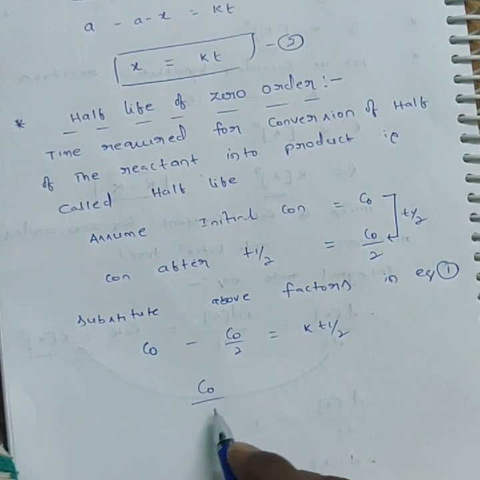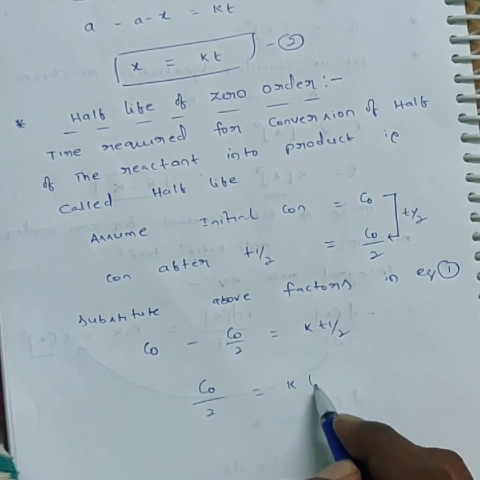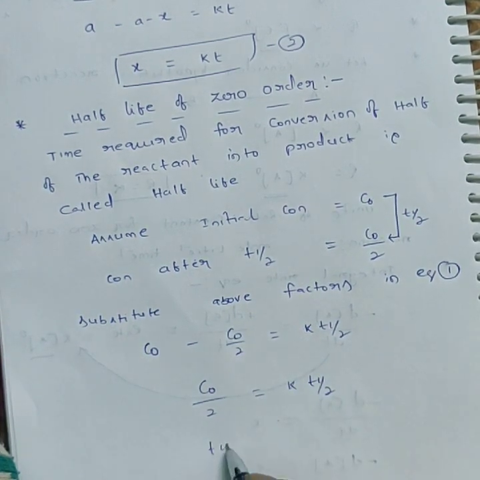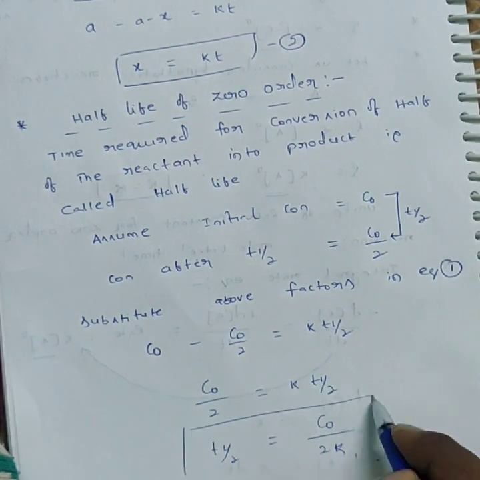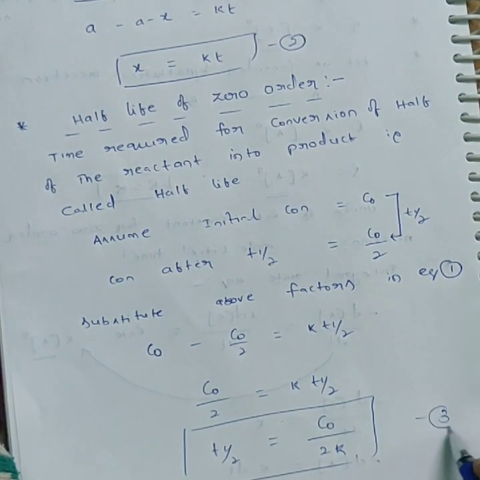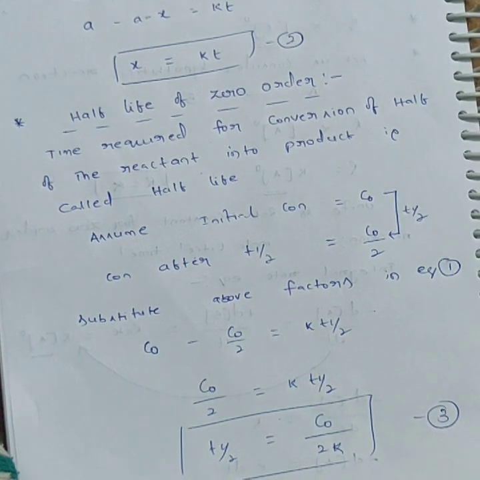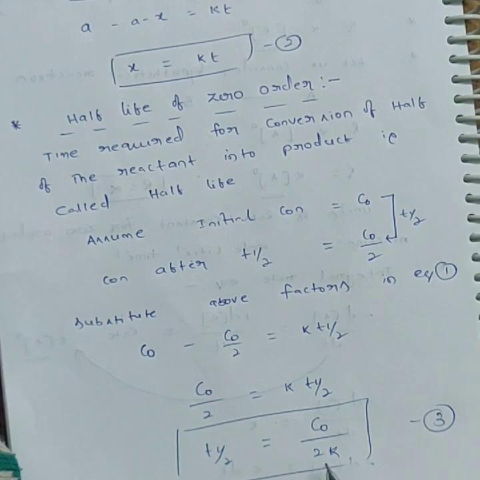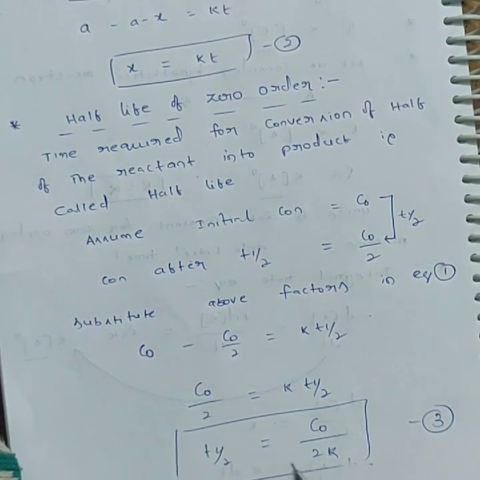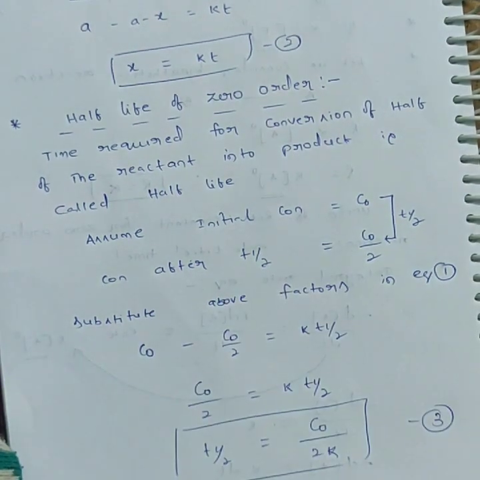So it is nothing but C0 by 2 is equal to k t-half. So finally we will get t-half is equal to C0 by 2k. Let it be the third equation, t-half equals C0 by 2k.